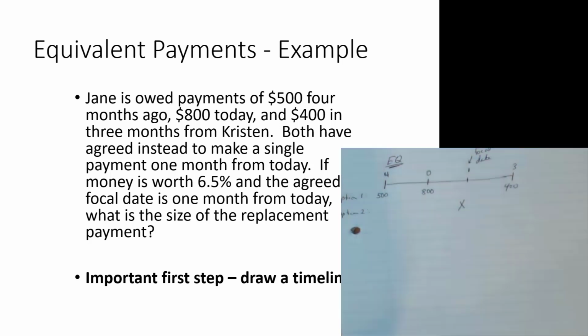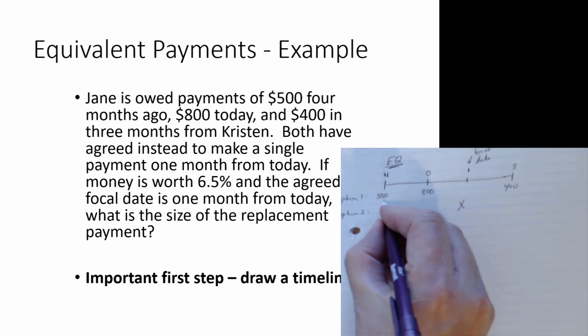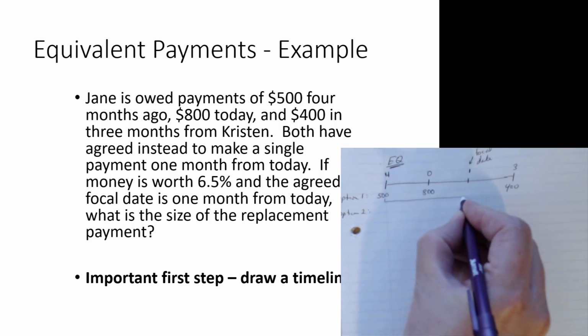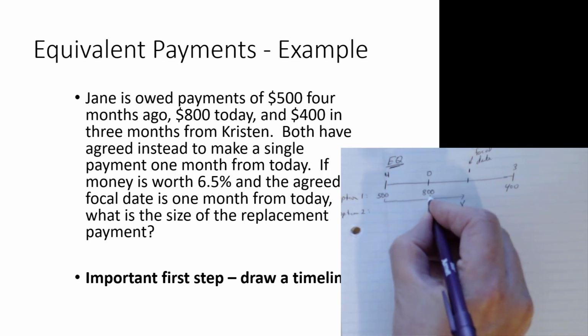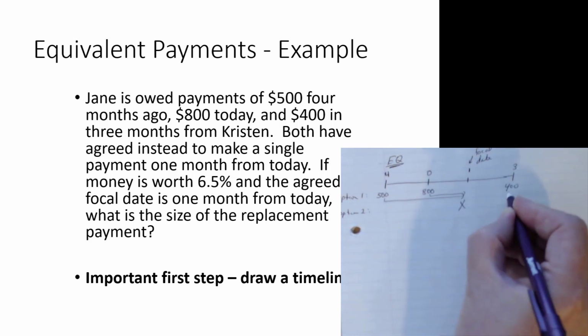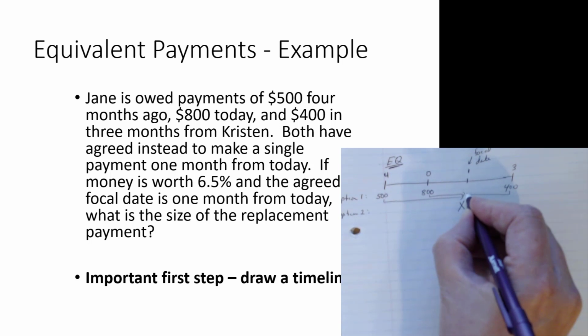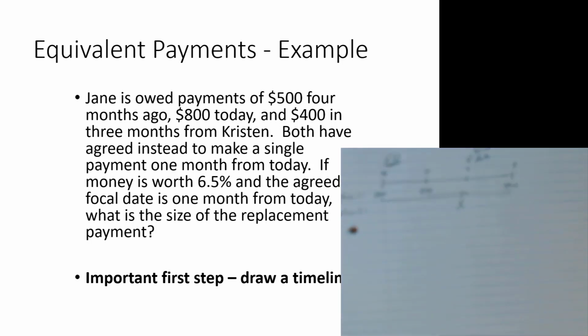Now, X is already on that date, so I don't have to mess around with it. But I do have to look at that $500 as of that focal date, the $800 as of the focal date, and the $400 as of that focal date. All the payments have to be compared and added up and calculated on a common focal date.